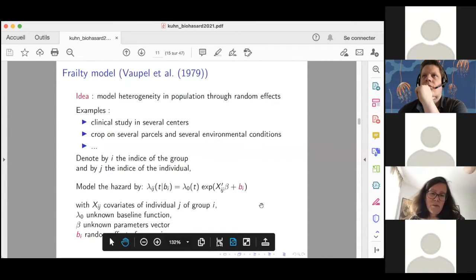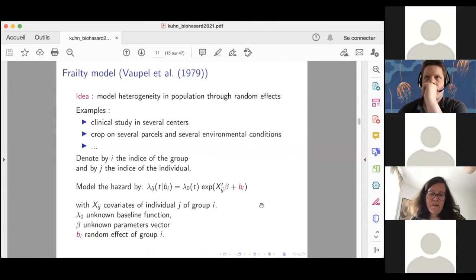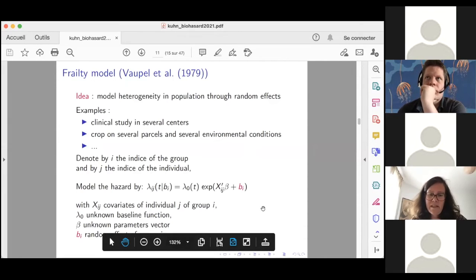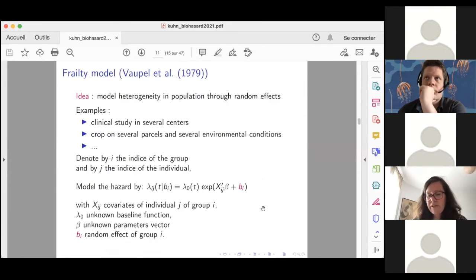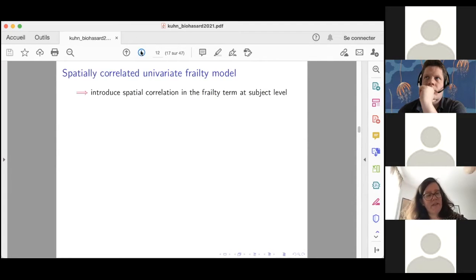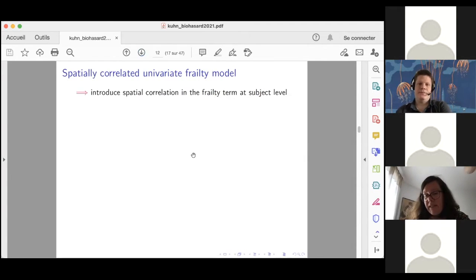But it was not satisfying, because this random effect at the village level does not take information about the proximity between individuals. So we propose this spatially correlated univariate frailty model. So the idea is to introduce spatial correlation in the frailty term, but the frailty term is at the subject level.